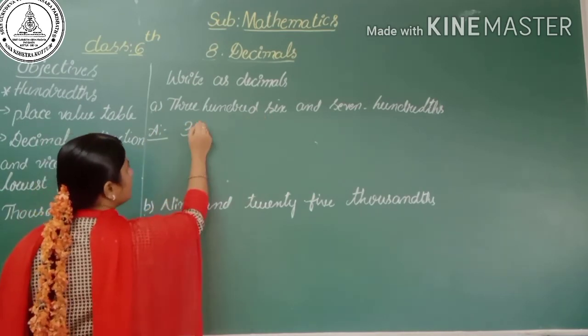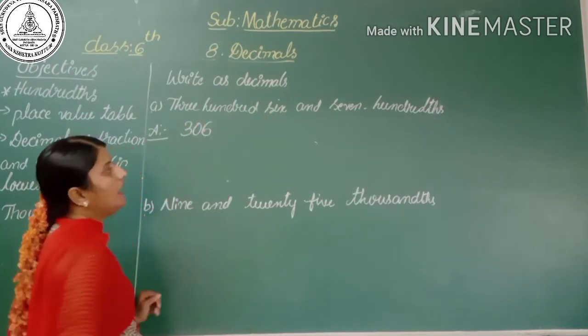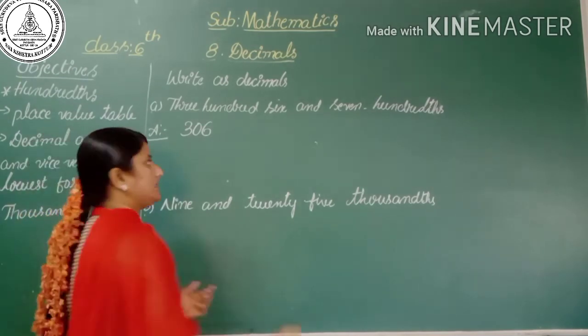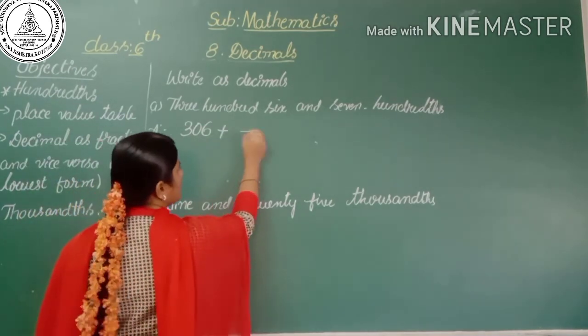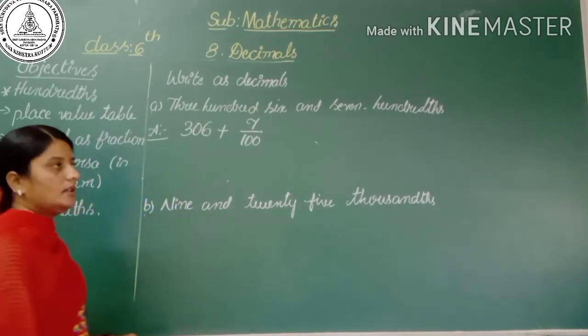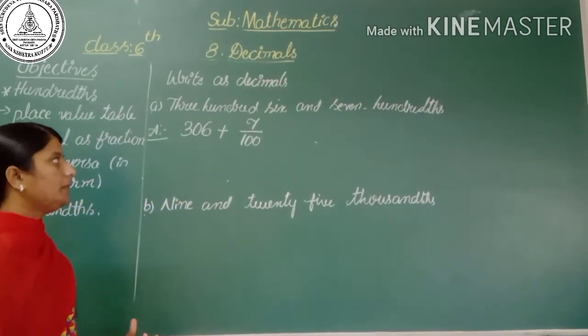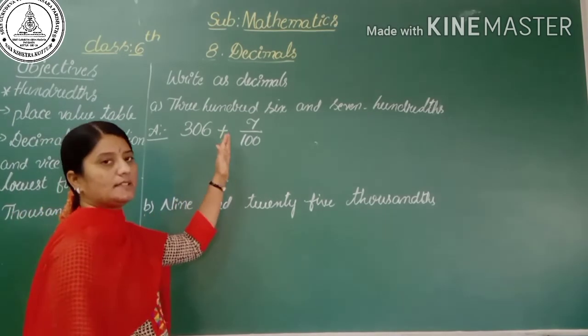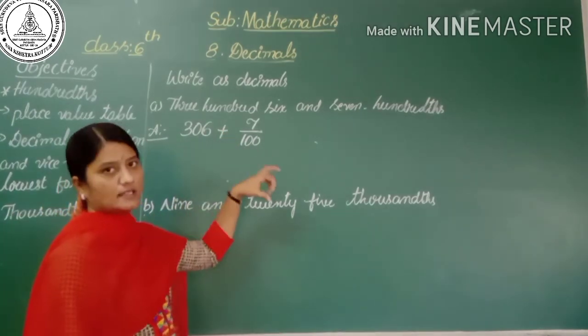306 is a whole number and 7 hundredths means 7 by 100. Right? 7 by 100 means here the tenths place is 0.